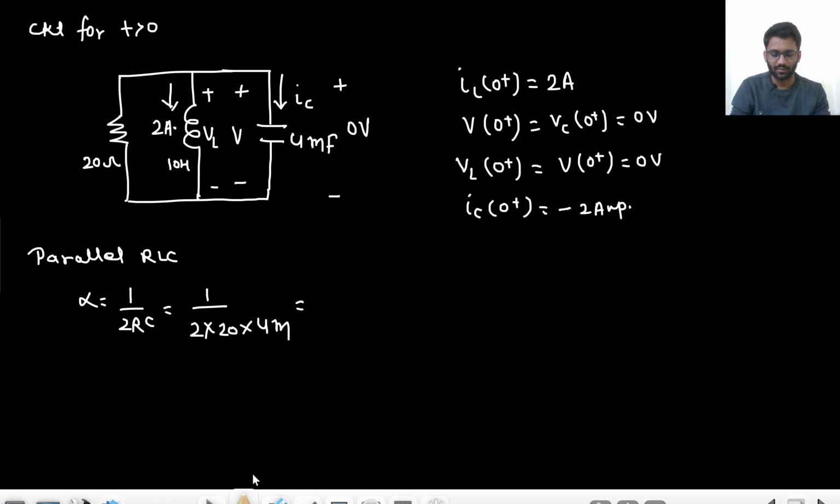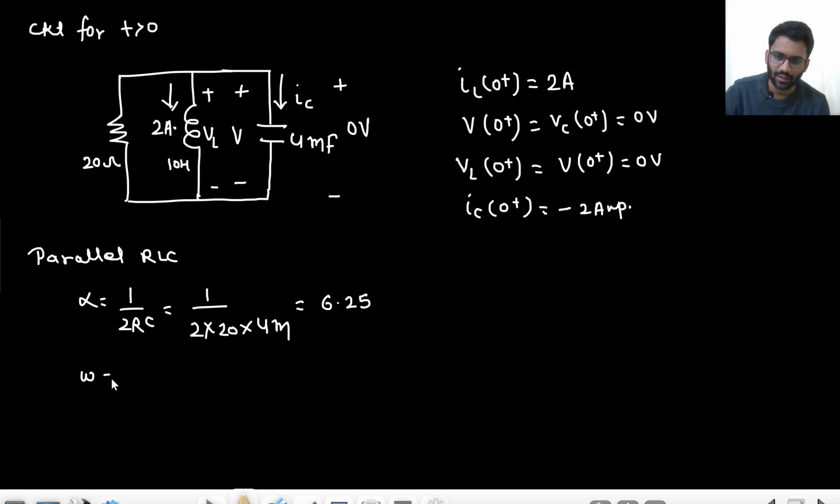Let me solve it. 40 into 4 divided by 1000, 6.25. Yes, alpha is 6.25.